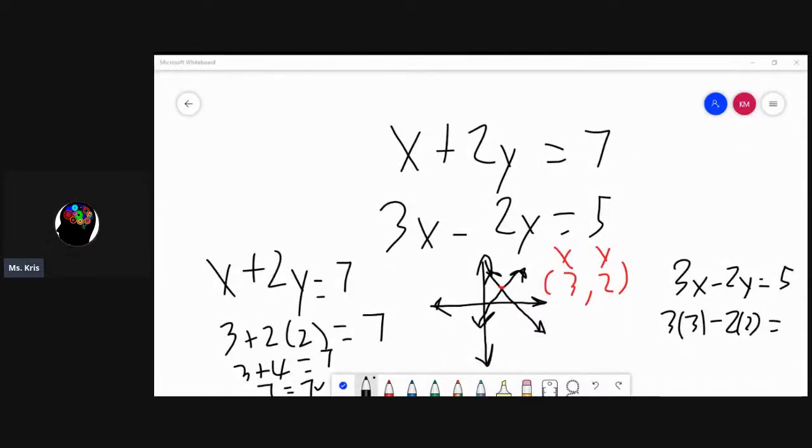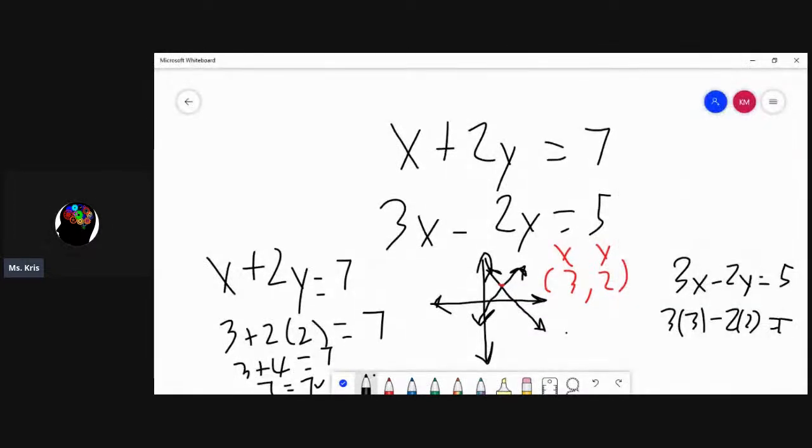That equals 5. So now 3 times 3, that gives me 9 minus, because a minus 2 times a positive 2 will still give you a minus number. 9 minus 2 times 2, that is 4. And that equals 5. And of course, 5 equals 5. And that checks out my answer.